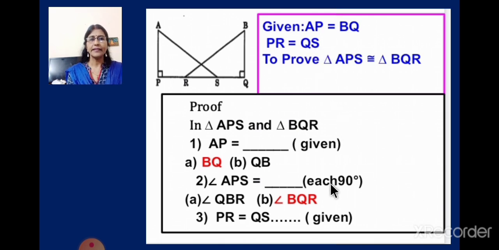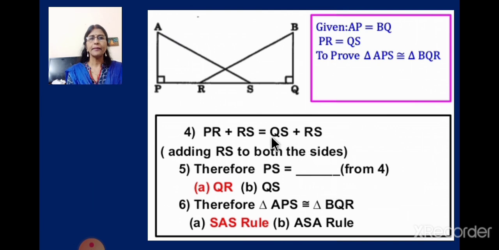So then next step, let us see. Now here you can see this part of the side RS is common to this triangle, as well as this side of the triangle also. So what we will do here, next step is PR plus RS is equal to QS plus RS. So as this side is common to both the triangles, we are adding RS to both the sides.